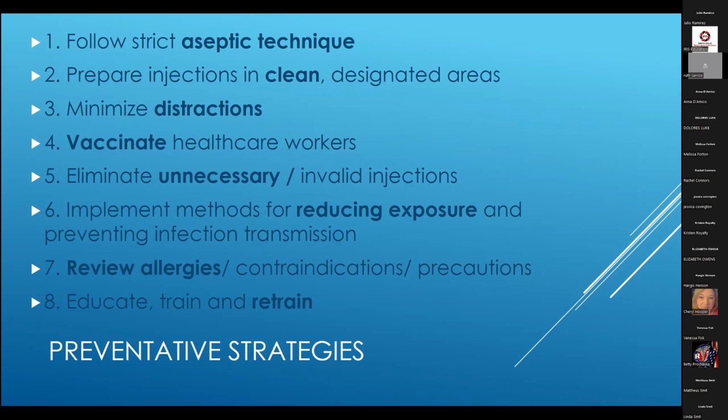Vaccinate healthcare workers. This is important because we don't want healthcare workers to become transmitters. We want to make sure that they are protected for their own good and also for the patients that they care for. Eliminating unnecessary or invalid injections.